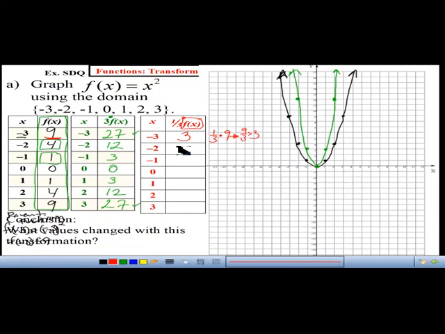Let's do the next one. The next one is, once again, 1/3 times, what's my next value for f(x)? The next value is 4, so I need to multiply times 4. 4 times 1/3 is 4/3, and what is 4 divided by 3? 1.3. That goes right there.